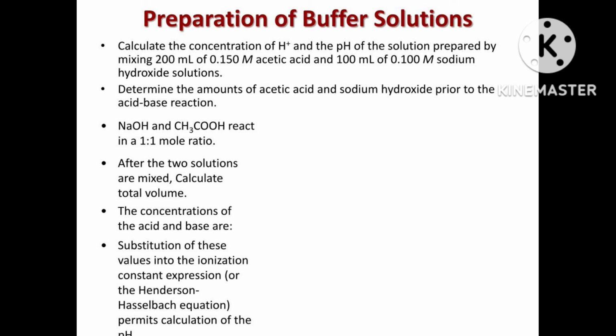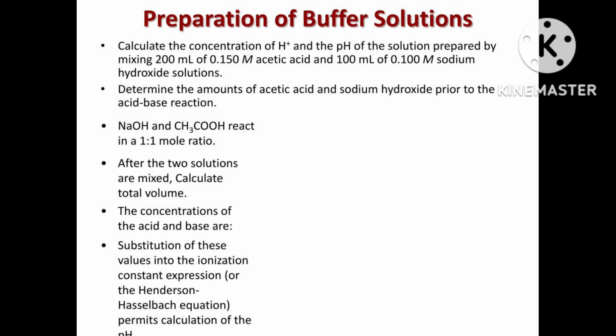If both are cancelled out, the minus values cancel. Finally you will get pH is equal to pKw plus log, that is the molar concentration of conjugate acid divided by base. You will get this.